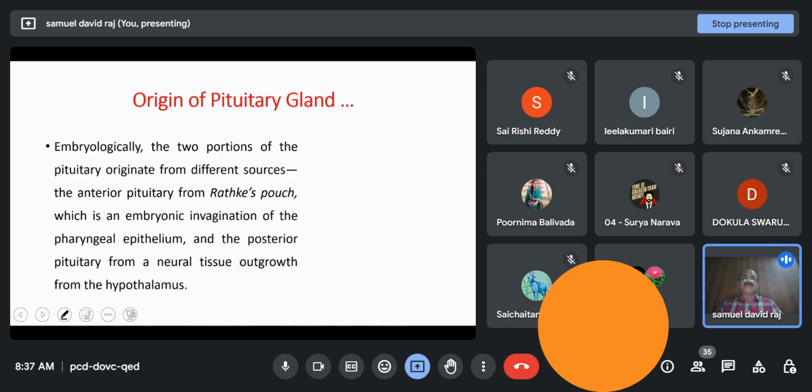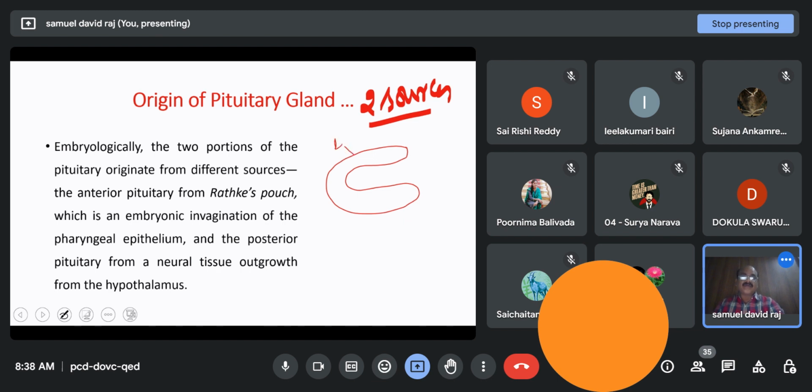Coming to the origin of pituitary gland. Pituitary gland is said to have origin from two sources. When you see the embryonic development, in the gastrula stage we have an ectoderm and endoderm.